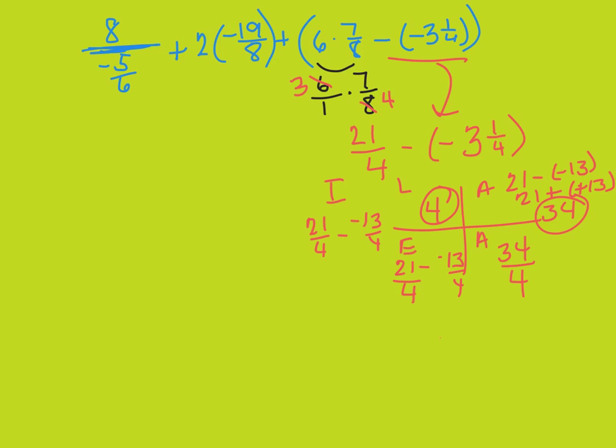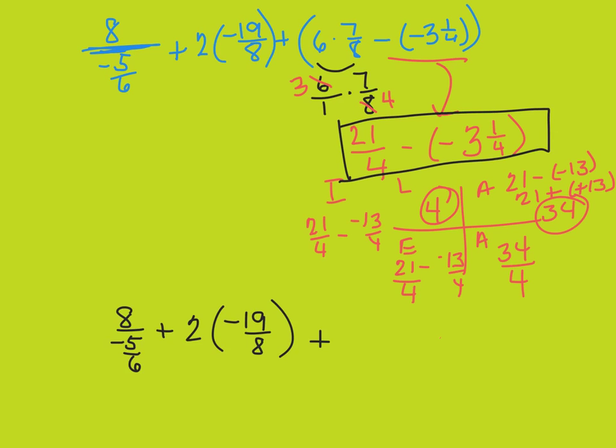So the problem that I now have is 8 divided by negative 5/6 plus 2 times negative 19/8 plus, now don't forget the last thing I had to solve here was this, and the answer to that is here, 34 fourths.